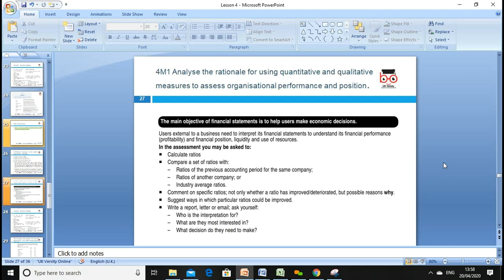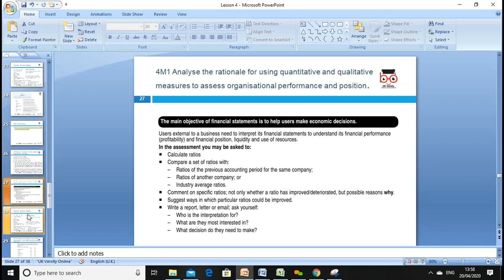So external business users need to interpret financial statements to understand financial performance, profitability, financial position, liquidity, and use of resources. If the assessment asks, calculate ratios, and compare the set of ratios with the ratios of the previous accounting period and industry averages, and comment on the specific ratios.